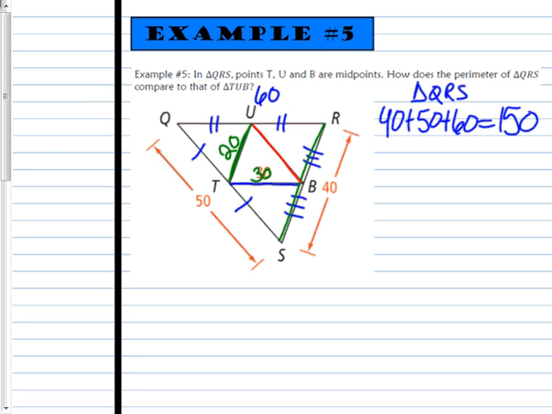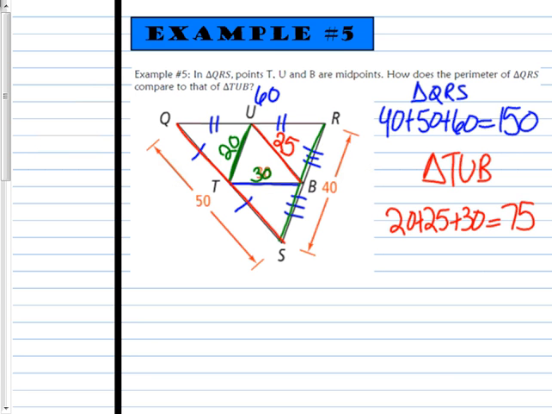This line is parallel to that line. Well, that whole line is 50. So what is the midsegment? 25. So triangle TUB is 20 plus 25 plus 30, which is 75. So how do they compare?